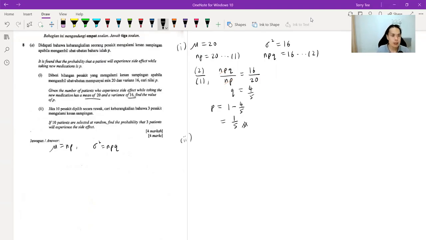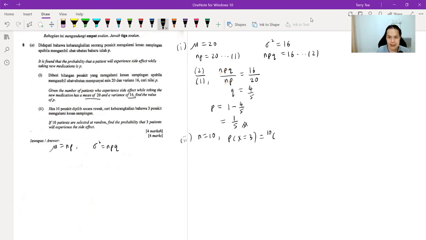Okay, Roman 2. If 10 patients are selected at random, find the probability that 3 patients will experience side effect. So my N is now 10, my P is 1 over 5, and you want 3 patients to experience side effect.